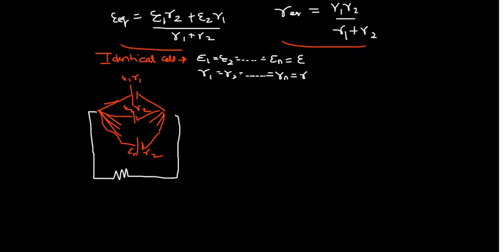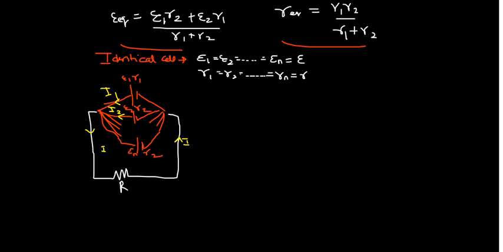Due to this we obtain a current, let us say I1, across this one I2. Like that, from each cell we get a current. The current coming out here is I. Now our task is to find the equivalent cell value.